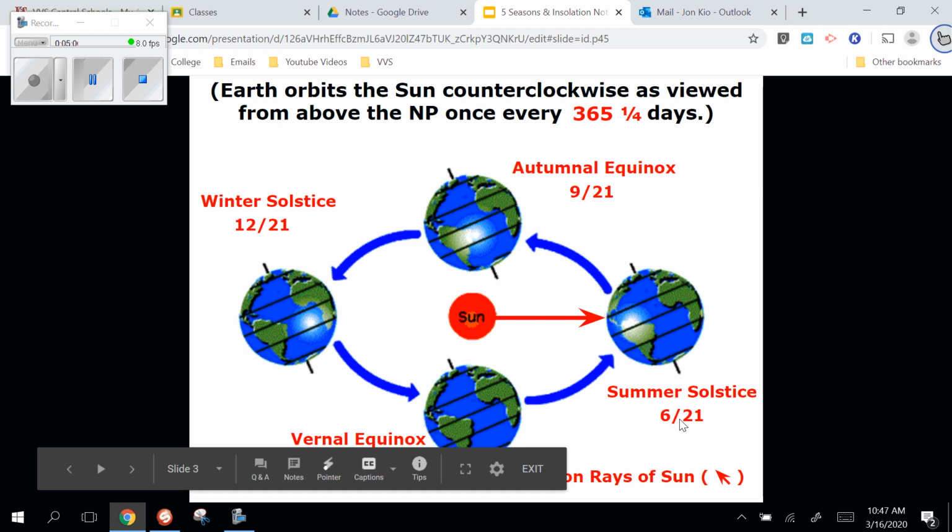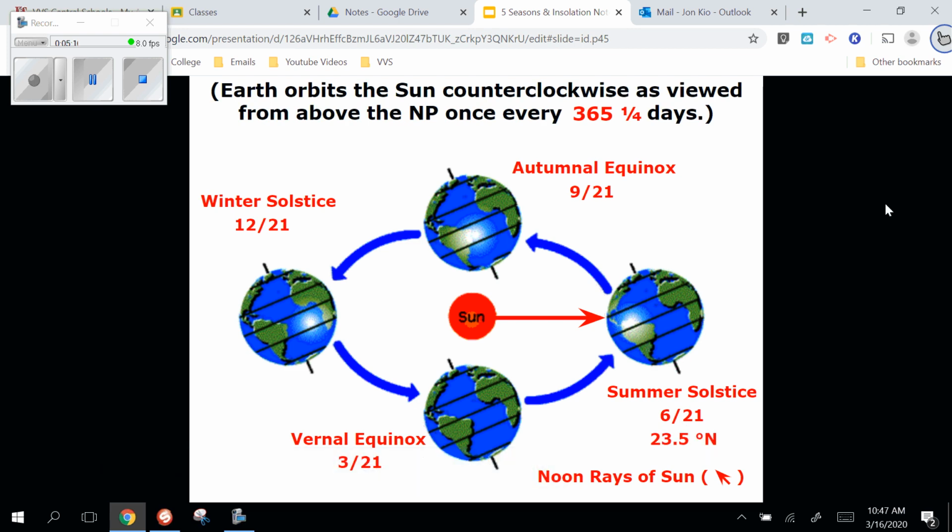So on the first day of summer, the sun is going to be directly overhead at 23.5 north, Tropic of Cancer. 3 months later, the sun's direct overhead rays would fall right on this latitude here, which we know is our equator.